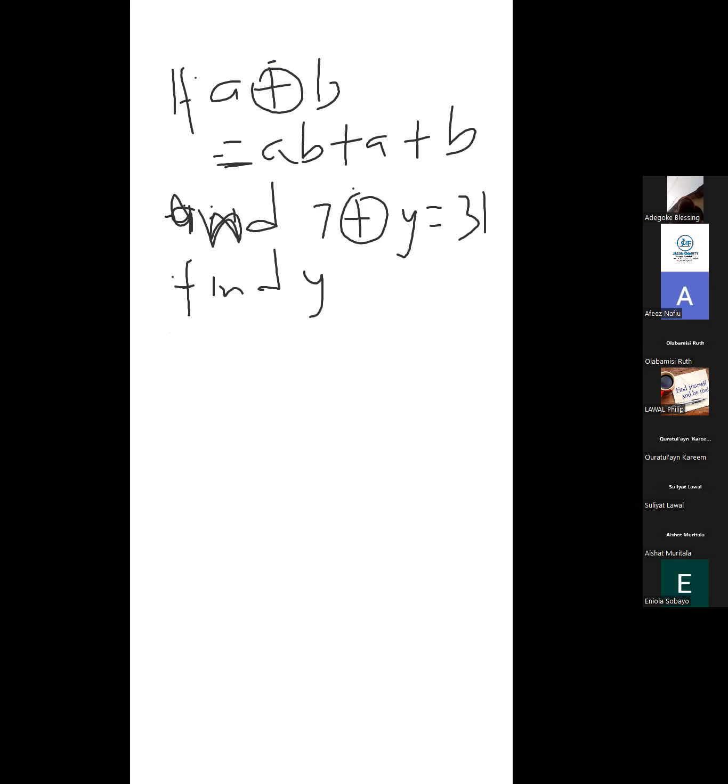7 star Y equals 31. To find Y, it will be 7Y plus 7 plus Y equals 31. Beautiful. Then 7Y plus Y is 8Y, plus 7 equals 31.